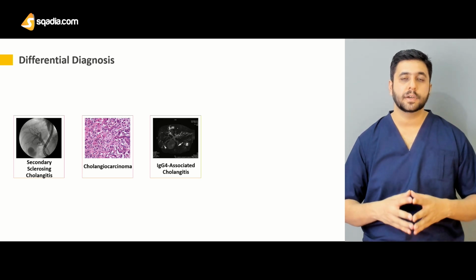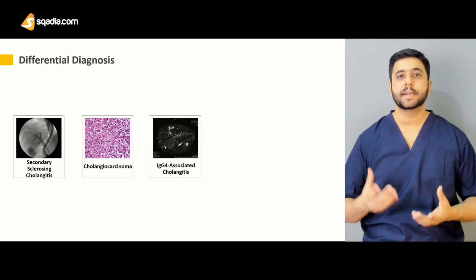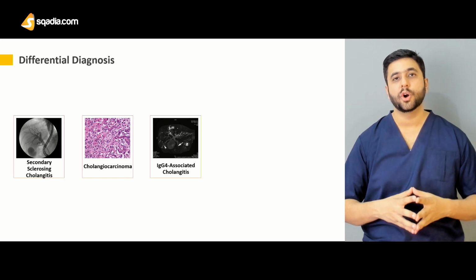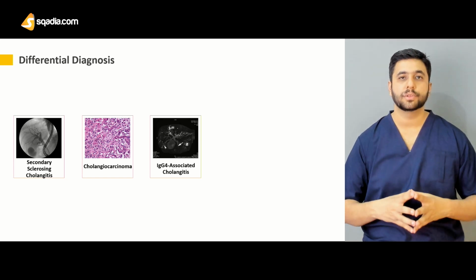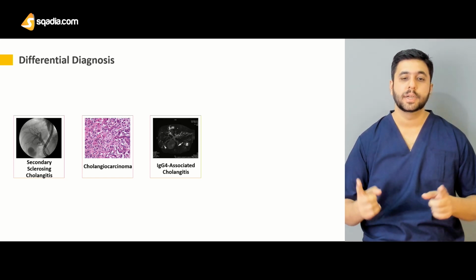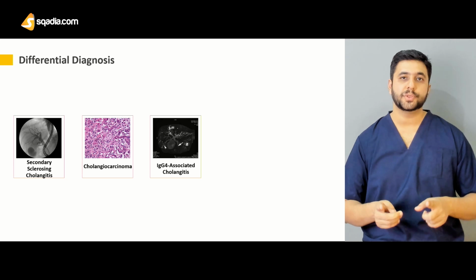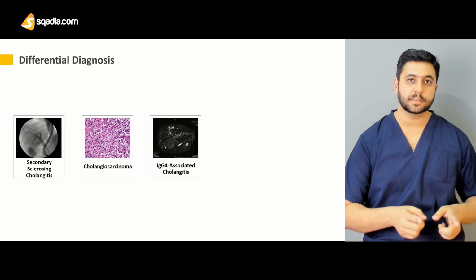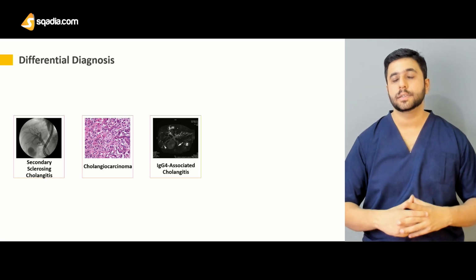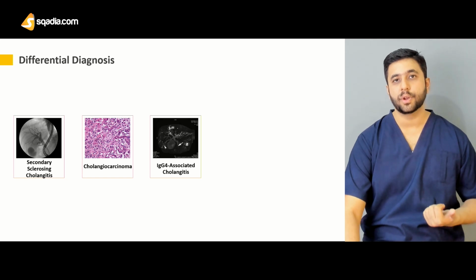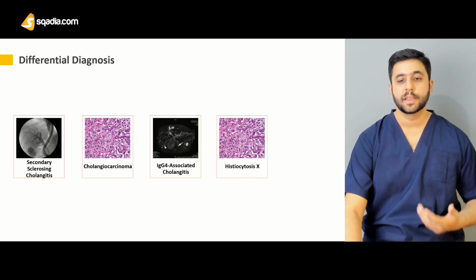Whenever histopathology is performed, these patients have an increased lymphocytic population in the bile duct, and along with that, the plasma cell population is also increased, which are IgG4 type plasma cells. So histopathology is used to differentiate IgG4 associated cholangitis from primary sclerosing cholangitis. It is one of the common disorders that come under the umbrella of the primary sclerosing cholangitis differential diagnosis.